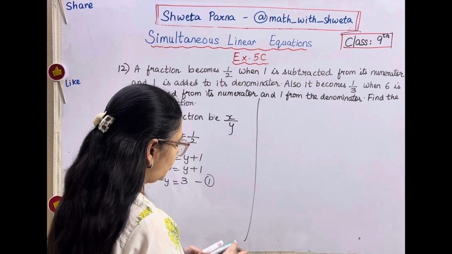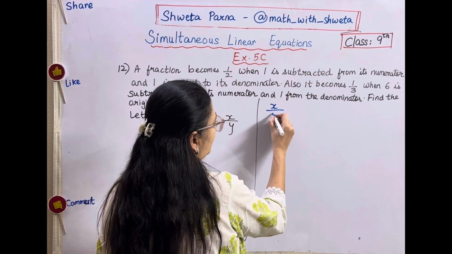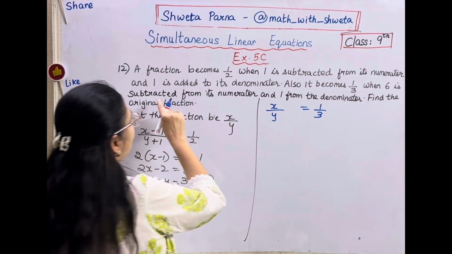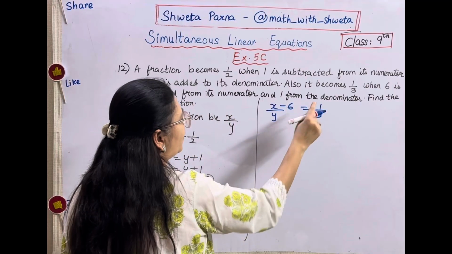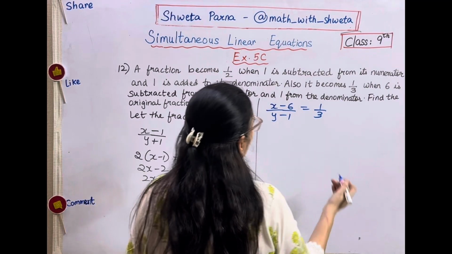Now let's go to the next one. Also it becomes 1 by 3. So x upon y will become 1 by 3 when 6 is subtracted from its numerator, minus 6, and 1 from the denominator, minus 1. Okay, so let's find it.